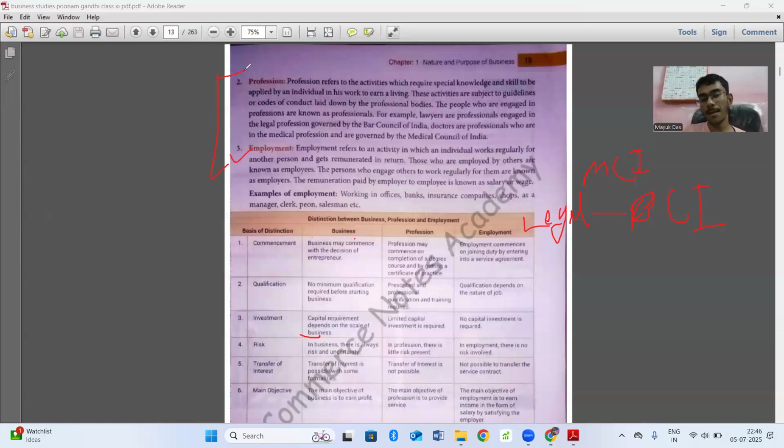In profession, I need to work from 9 to 5, my chamber starts at 9 a.m. and goes till 5 p.m. But one day I feel I will work a bit less, let me work from 9 to 2, and the rest 3 hours I will not work. I'll chill. That is completely my decision.